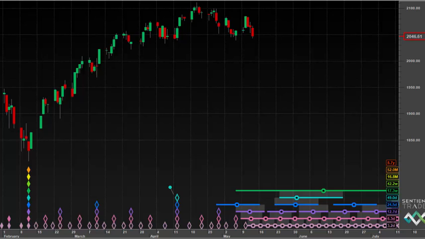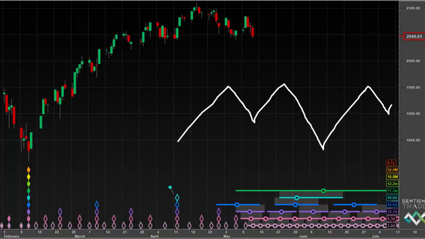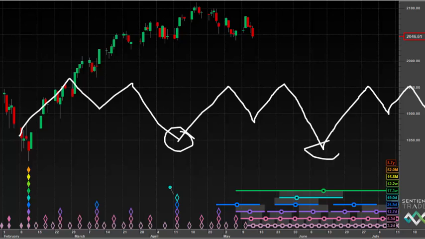But the result of the principle of synchronicity is that we get M-shaped cycles. Okay, and they keep repeating like that, and I can draw them backwards as well. You will notice that the peaks are very different to the troughs. The troughs over here and over here are sharp and isolated troughs.